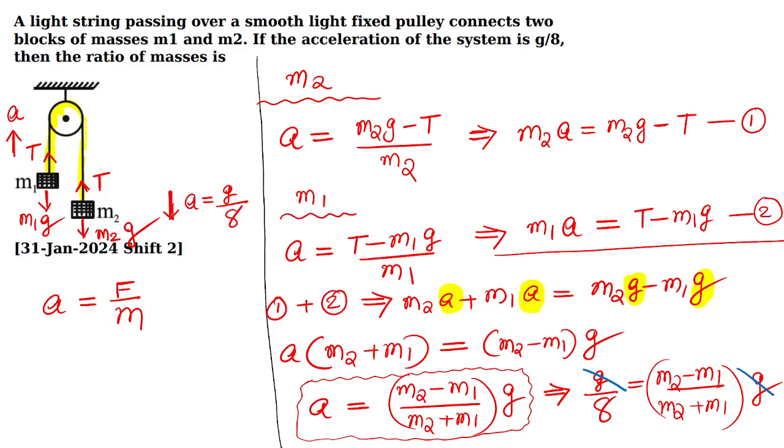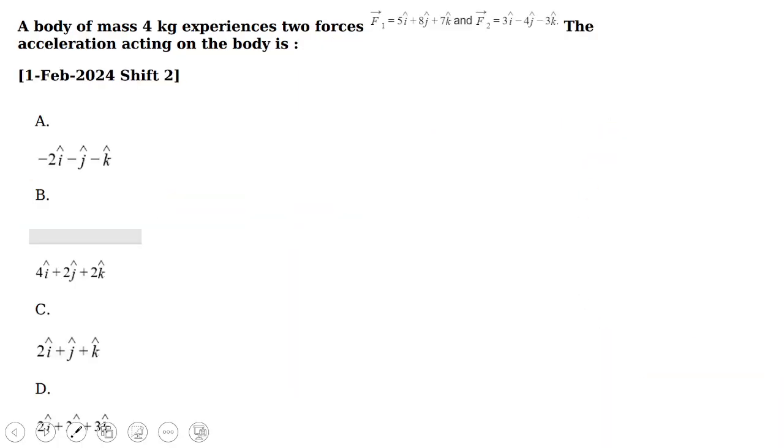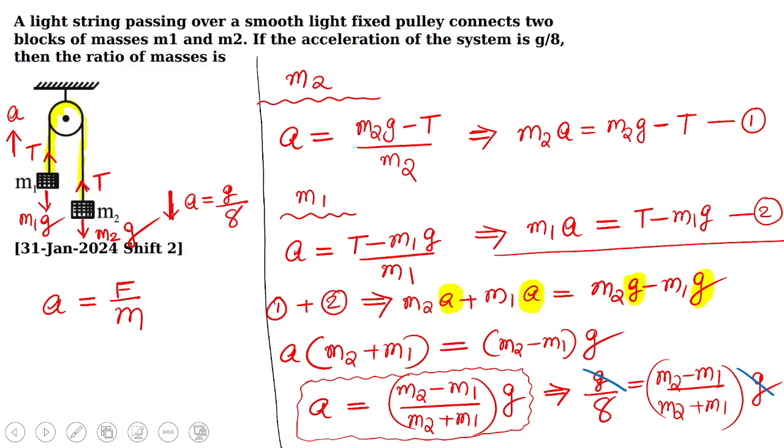Okay, all of you clear? So the last step is, I told you that g is cancelled.